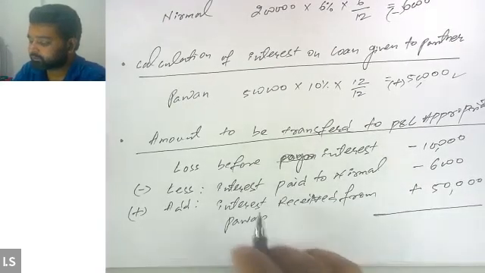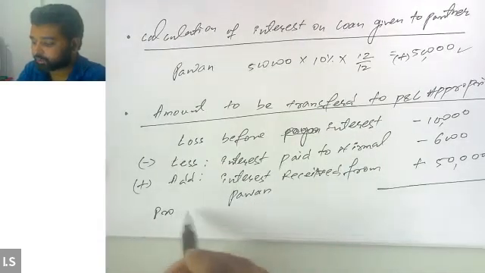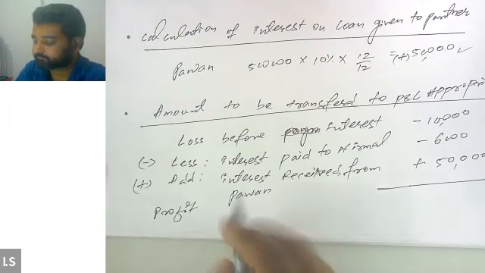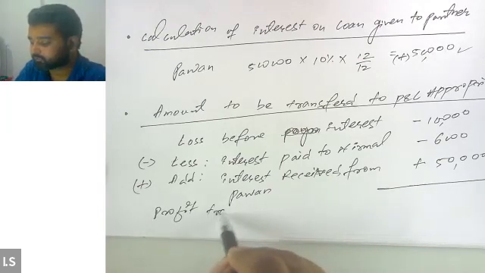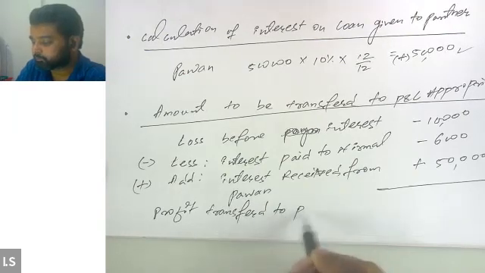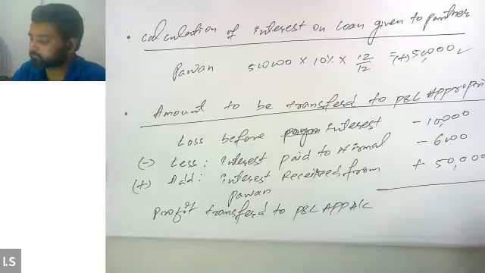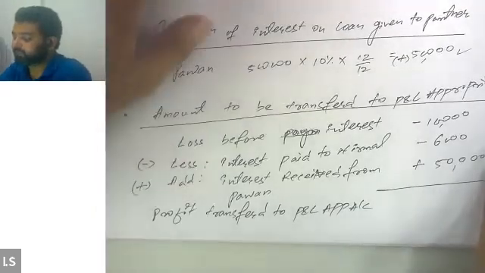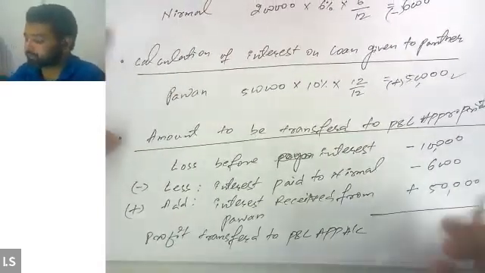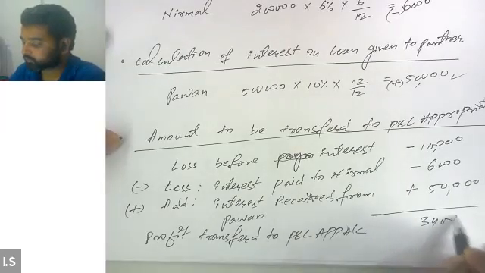So finally, the profit transferred to the profit and loss appropriation account will be minus 10,000 minus 6,000 plus 50,000. It will be 34,000.